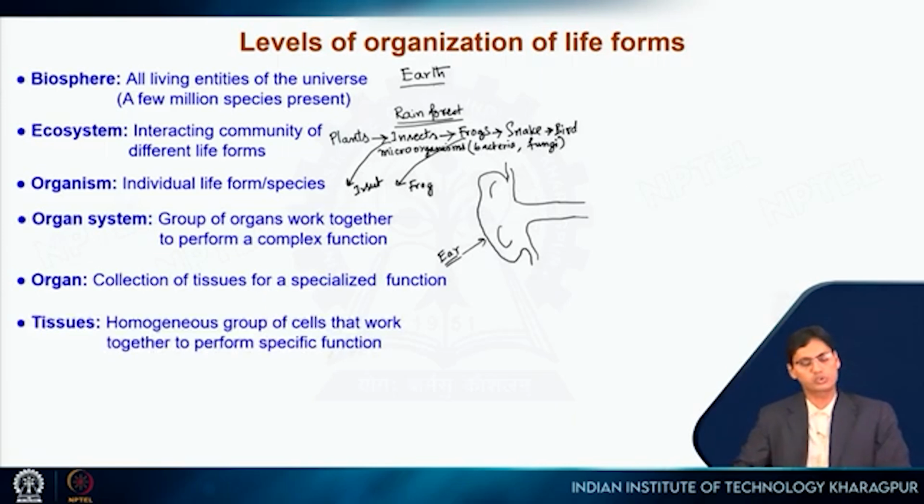Now tissues, these are a homogeneous group of cells that work together to perform a specific function. So I will explain this organ and tissues together in context to our ear. We hear through our ear.